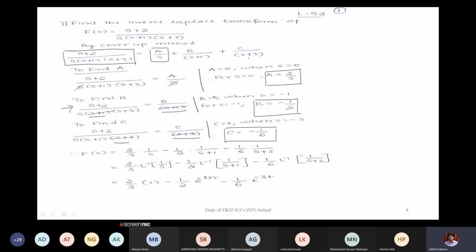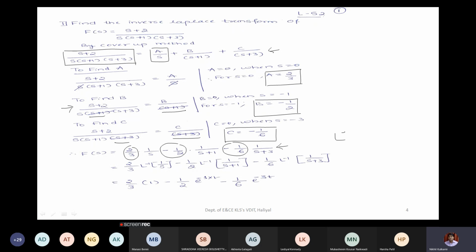Here the power is uniform, so it is applicable. Now if you substitute the values of a, b and c in this equation, you are going to get this equation. Here 2 by 3 is a constant, you take it outside, and take the inverse Laplace.